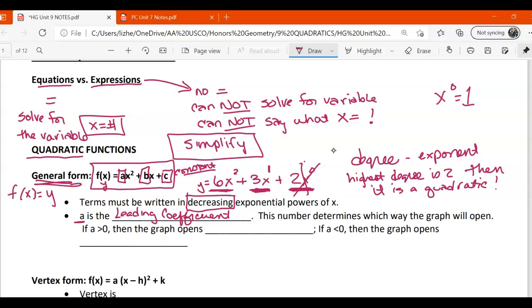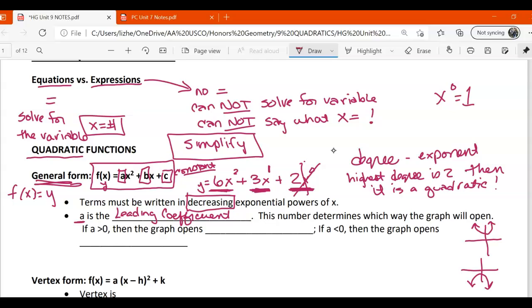So what we're going to be doing is graphing quadratics. And so a quadratic is going to either look like this, which is a parabola, or it's going to look like this, open down. And so the leading coefficient, this number determines which way the graph will open.